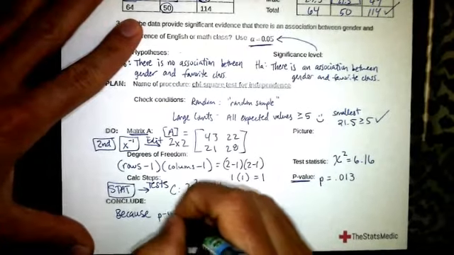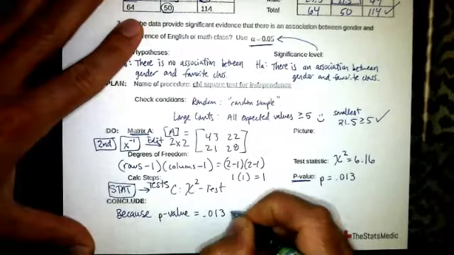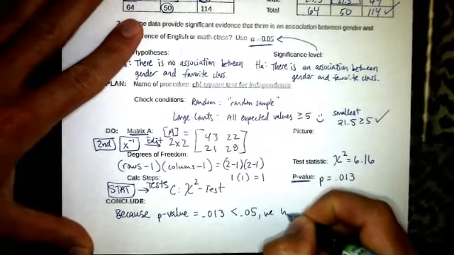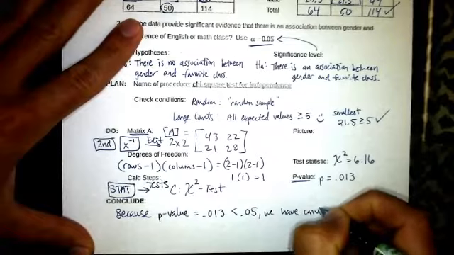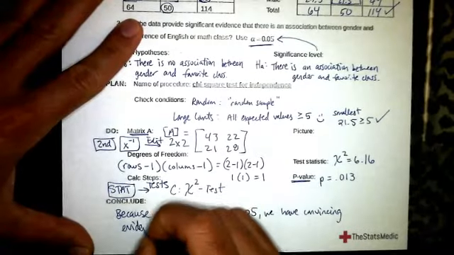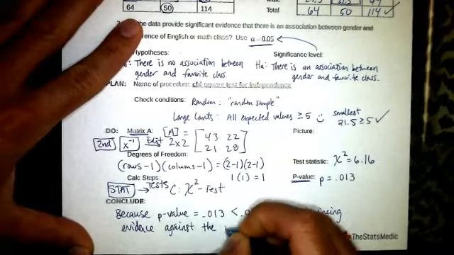And so we can say that because the p-value, which is 0.013, is less than 0.05, we do have convincing evidence against the null hypothesis.